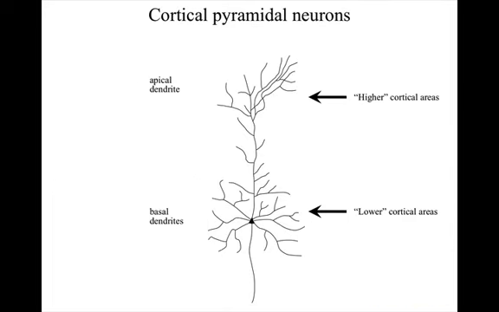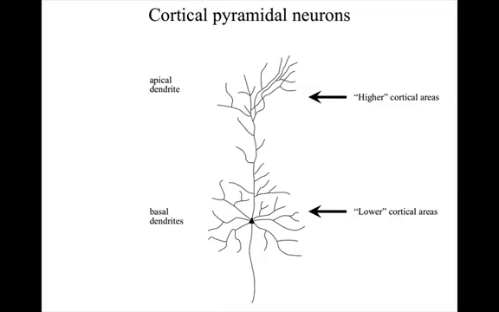Now, when we're comparing two areas, the area that's connected to sensory inputs via fewer intervening areas is called the lower area. And the area that's connected to sensory inputs via more intervening areas is called the higher area. But often a higher and a lower area are interconnected both ways. And in this situation, there's a strong pattern to the connectivity at a more detailed neuron level.